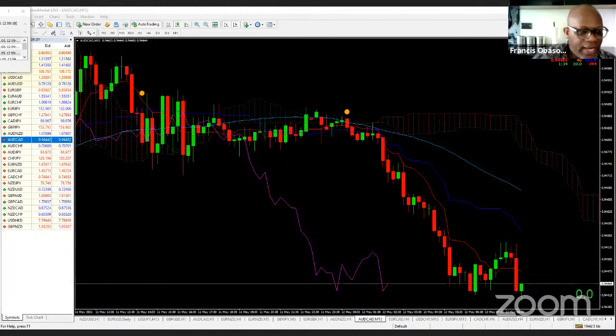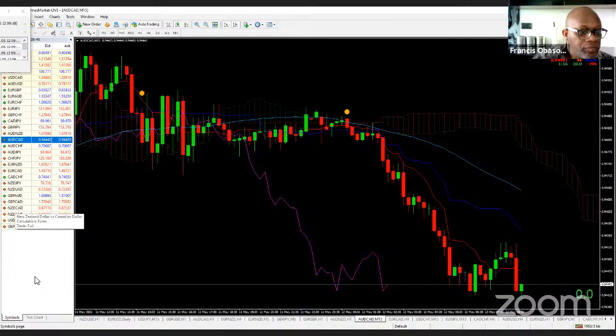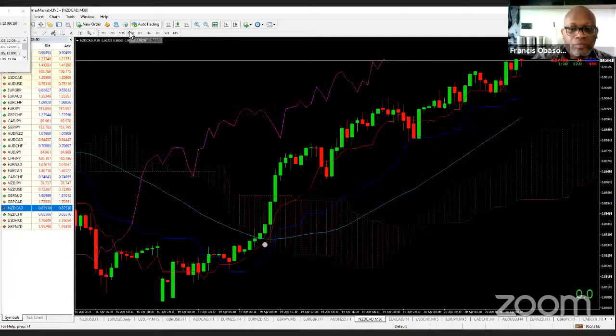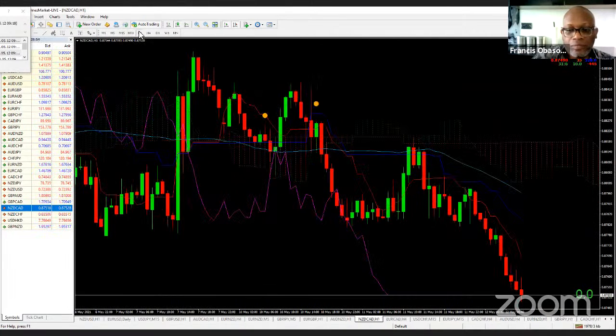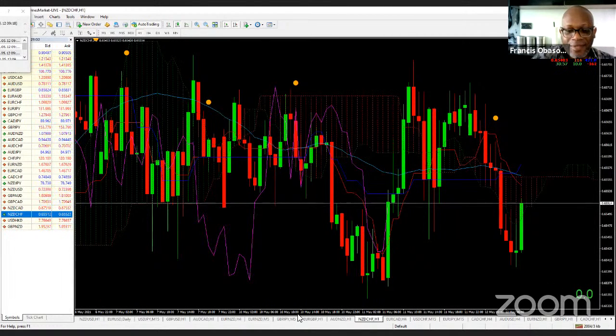So we haven't taken any trades yet. We're still just checking the charts, as it were, to see what pair is best to get into. Oh, look at that. See how choppy that is. I know some people love to trade choppy pairs.